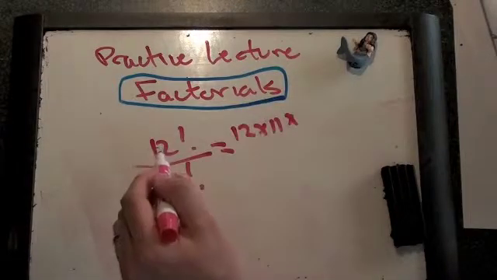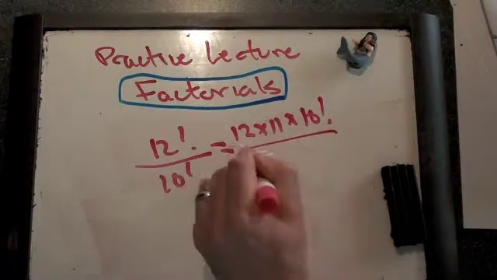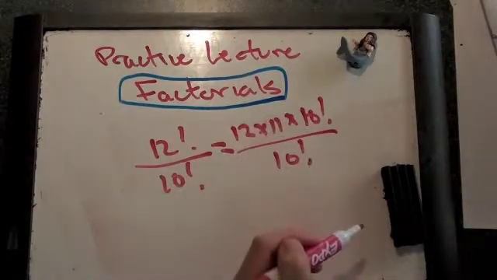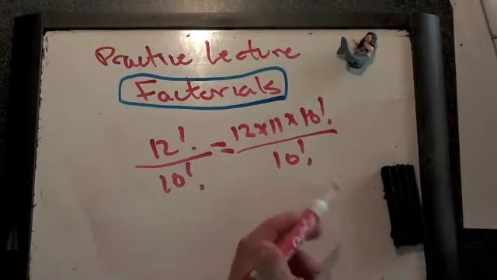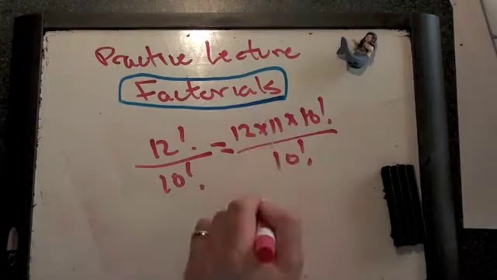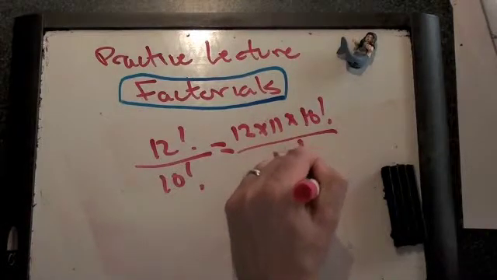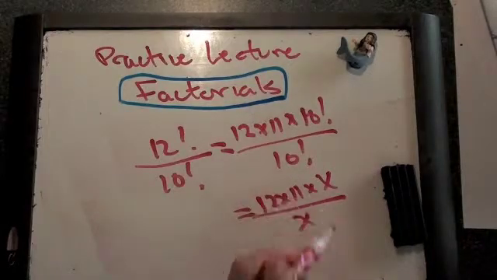What's 10 times 9 times 8 and so on down to 1 called? 10 factorial. So 12 factorial is 12 times 11 times 10 factorial, divided by 10 factorial. 10 factorial is going to be huge, so we don't want to multiply it out. So here we have 12 times 11 times x, the whole thing just divided by x.